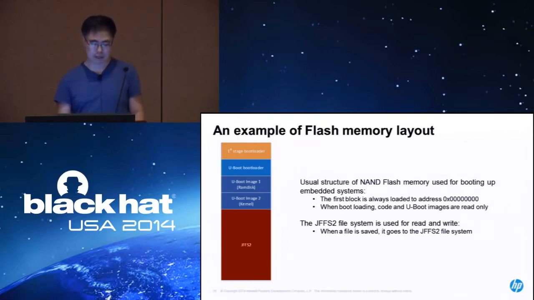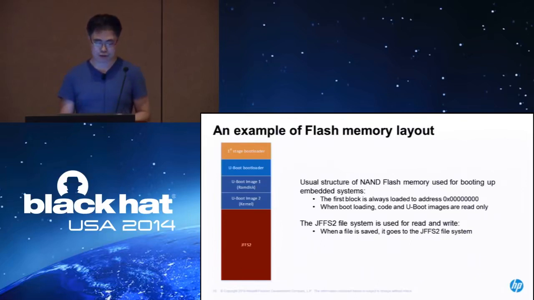So from block 0, the first stage bootloader will be placed, because when an ARM CPU boots up, the microcode inside will look for some boot devices. If it finds the NAND flash memory, it will just pass control to the first page of the first block of the NAND flash.